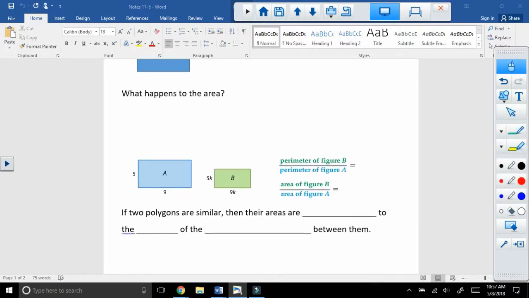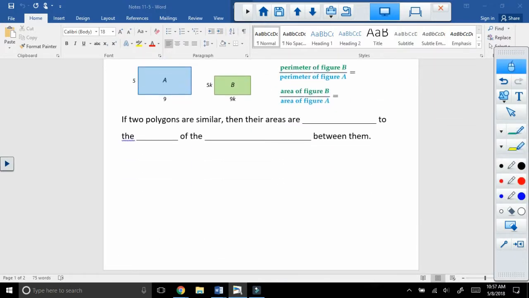Let me go ahead and scroll down. So looking at this example here, it's not saying that it's half the size. It's just saying it's some sort of ratio. We have some sort of similarity here. If I'm looking at this one, the perimeter of figure B, if I'm adding those up, well, that would be 5K plus 9K plus 5K plus 9K.